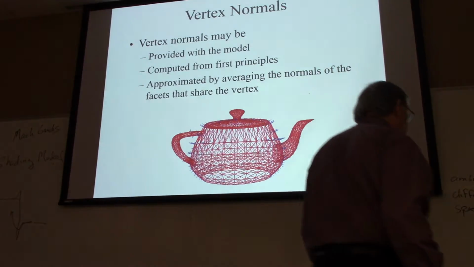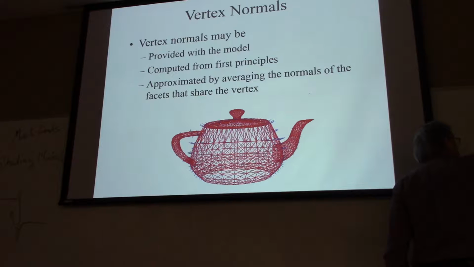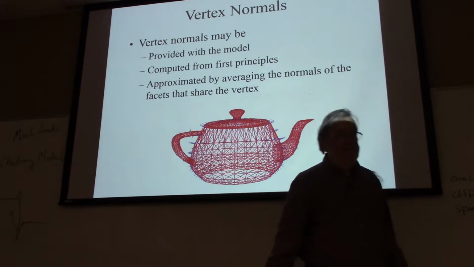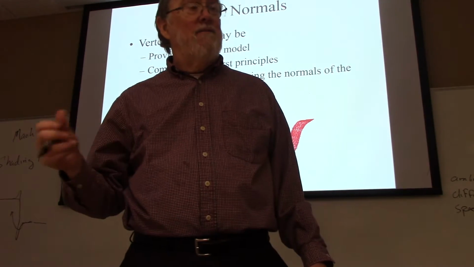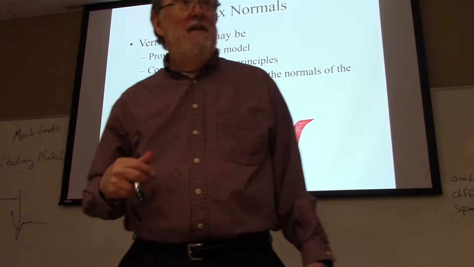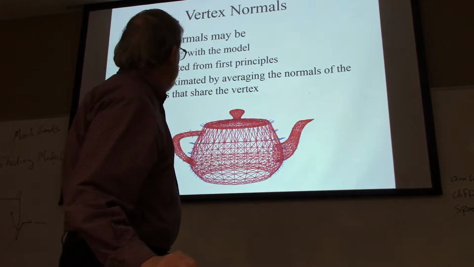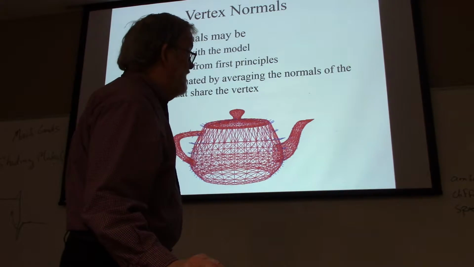Does it belong with facet A, with facet B, or with facet C? And the answer is, well, kind of all of them, right? So what do you do with the vertices on the vertexes?